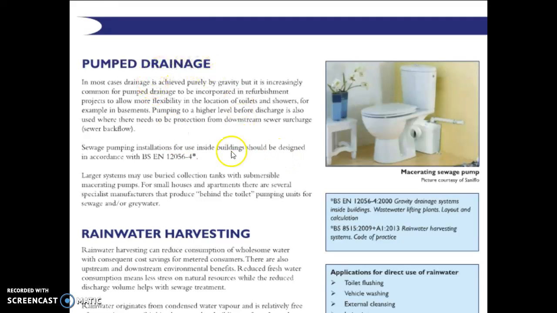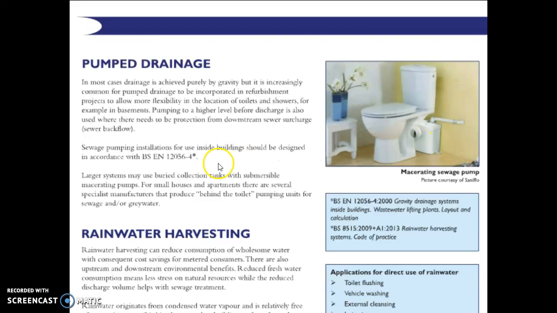The problem with pump drainage systems is that it obviously requires a pump. These pumps can break down, and the pipes are under a higher pressure. So we need to make sure that there are no blockages, because otherwise the pipes can burst open.